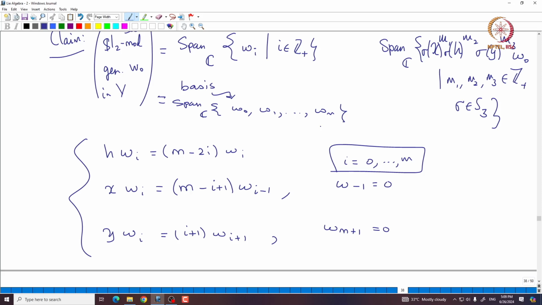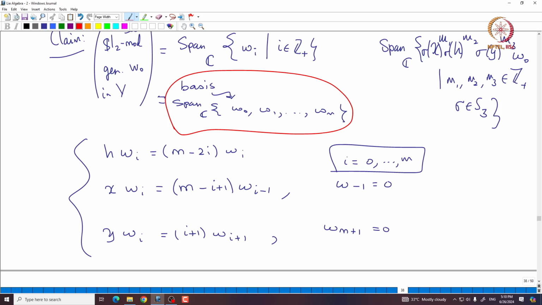To prove the other side, we take this span and directly prove that it is an SL2 submodule. Because it is an SL2 submodule containing W naught, it must contain the submodule generated by W naught, which will force these two modules to be the same.